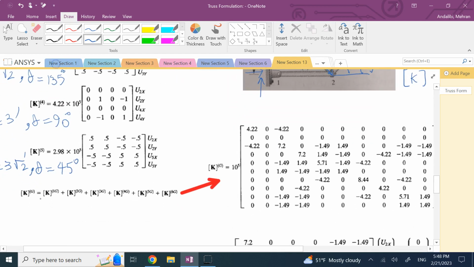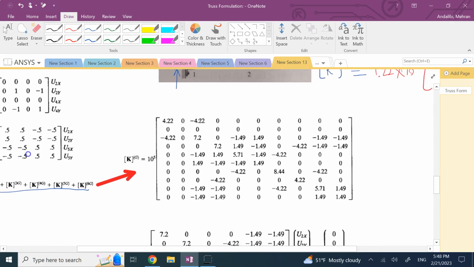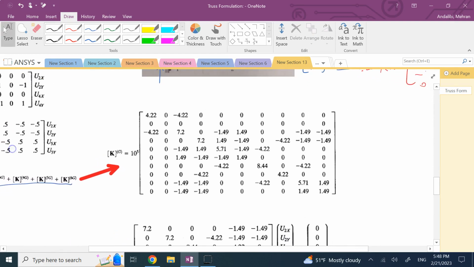Now what you need is to put all of these K's together in the giant matrix and form the stiffness for the whole truss. Now what you need in this case is this big guy here is going to be what? As you can see from the dimensions, you have 4 elements here, and then you have 3 and 3. So this guy is 10 by 10. And why would you need 10 by 10? Because the rows are what?